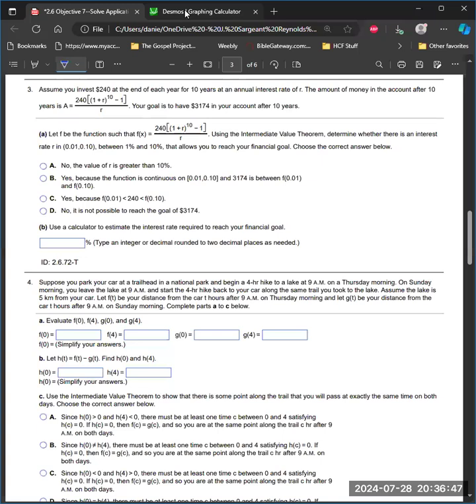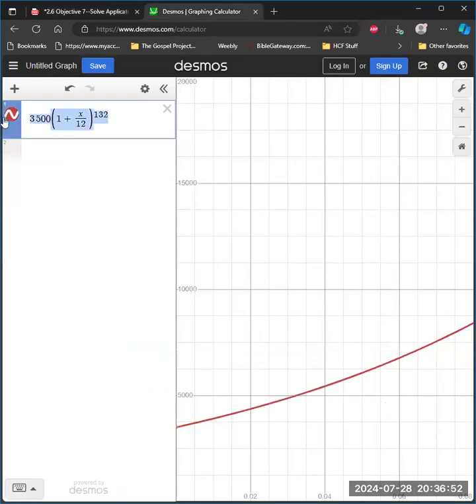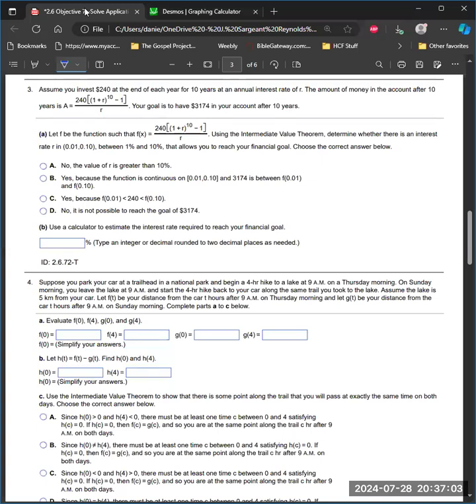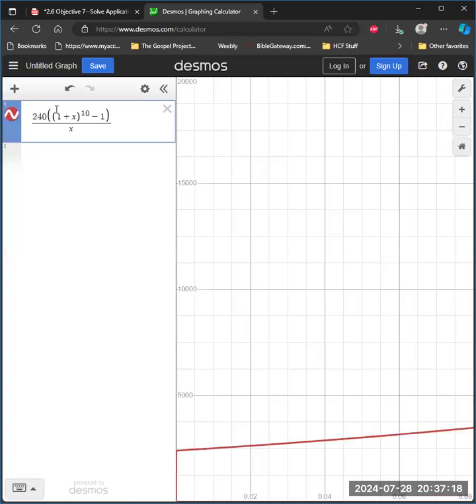Let's check that first. 240 times 1 plus x raised to the 10th power minus 1 divided by x.